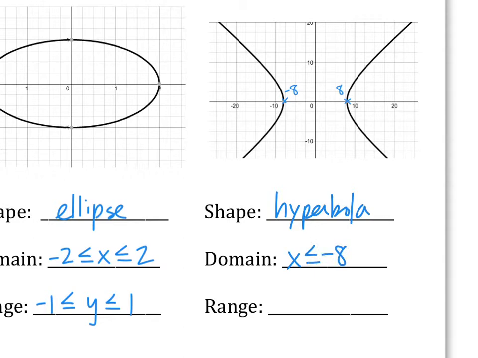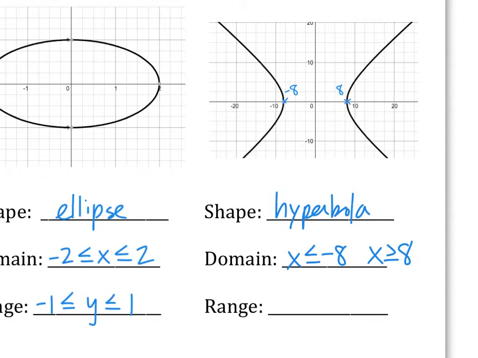Greater than or equal to -8, positive 8, yes. So basically your hyperbola is going to exist on both sides. So it's going to be smaller than or equal to -8 or bigger than or equal to 8. But it's on the two sides. Nothing in the middle. Hyperbola does not exist between -8 and 8.